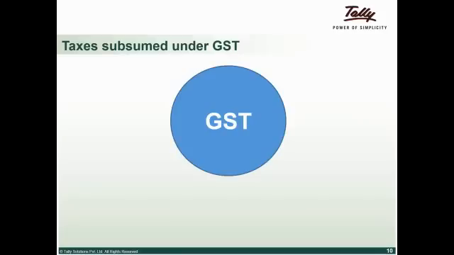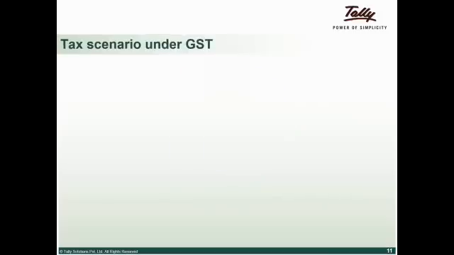Whenever there is a transaction of supply of goods or services within the state, then CGST and SGST are going to be applicable, which together make your GST rate. Whenever a supply of goods or services is effected outside the state, which is basically interstate, then IGST is going to be applicable. Again, IGST is literally going to be CGST plus SGST. So that's your IGST.